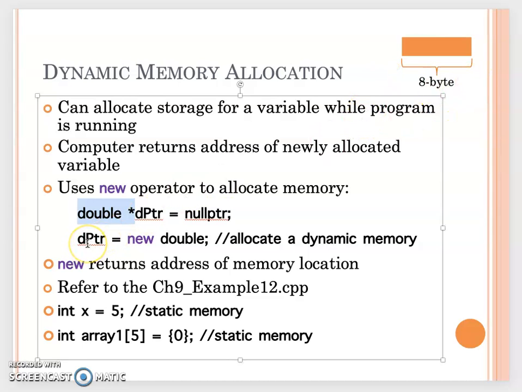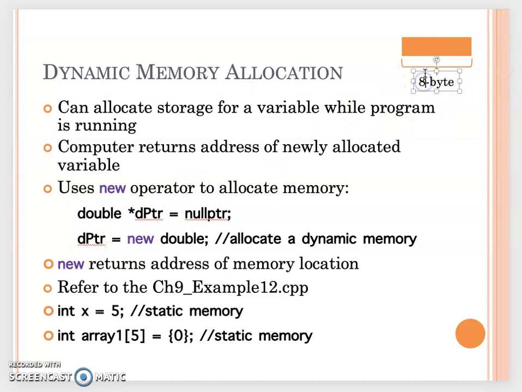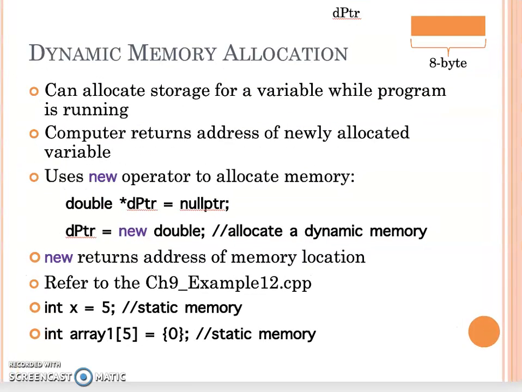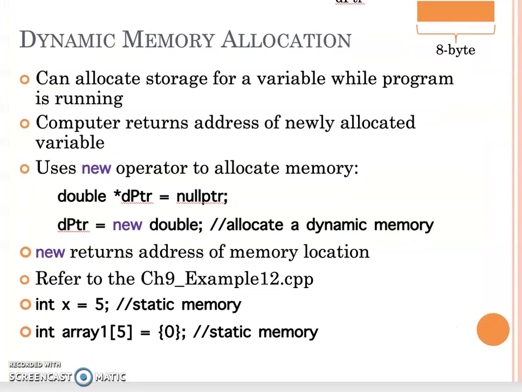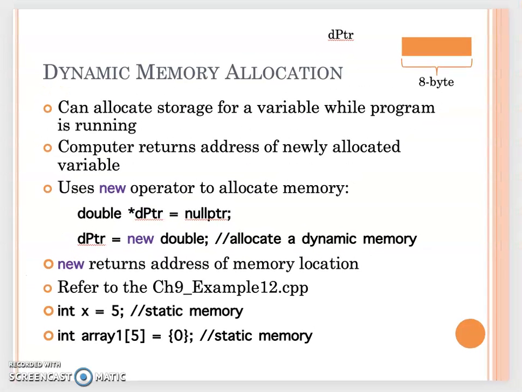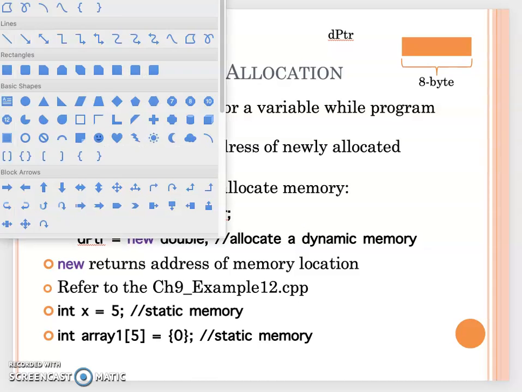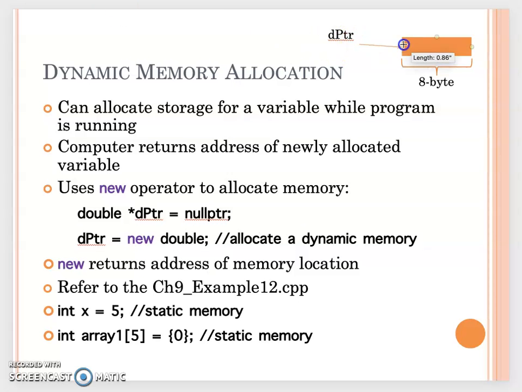So now here, the dptr actually is a variable. That's why, when we show the picture in memory, we use an arrow to show it.